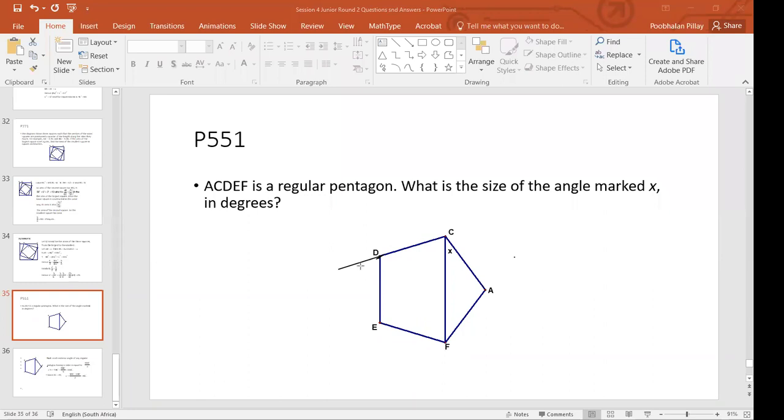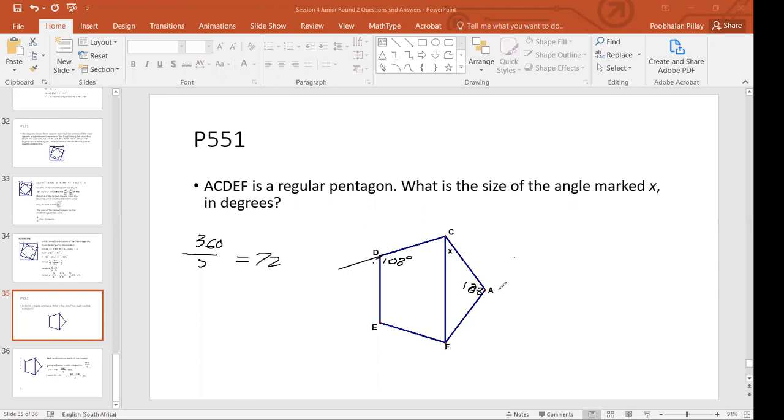They're all equal, so each exterior angle would be 360 divided by 5, and when you work that out, you get 72. So the exterior angles are 72. Therefore these two add up to 180, so the interior angle is 108. All the interior angles are 108.